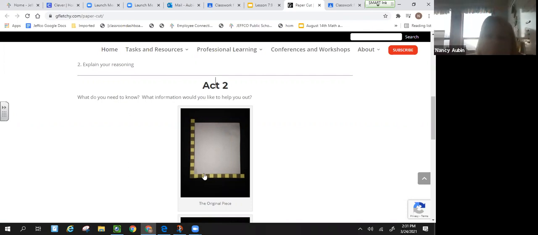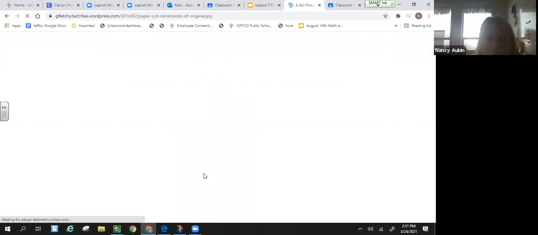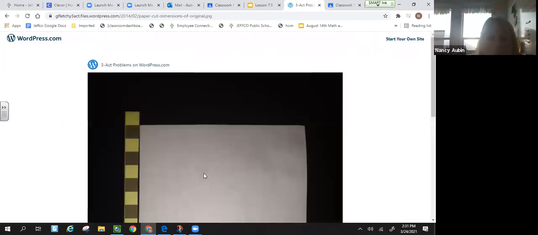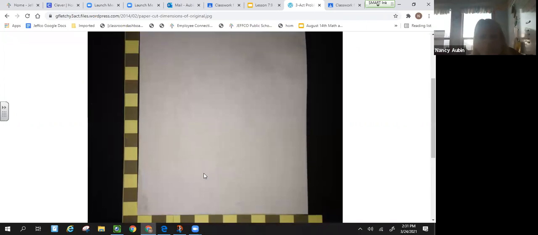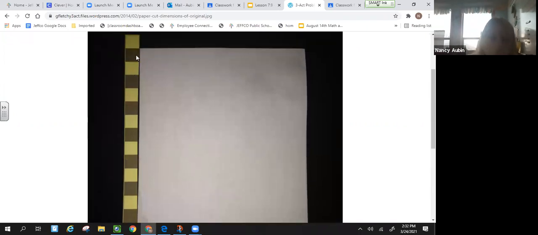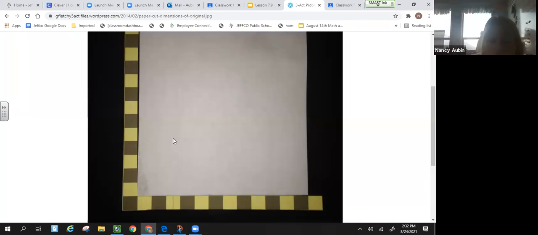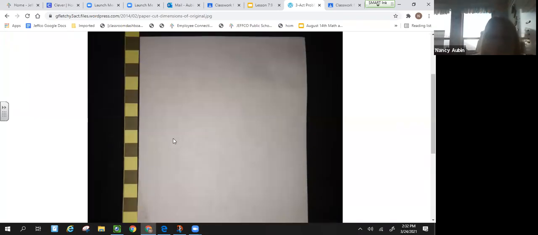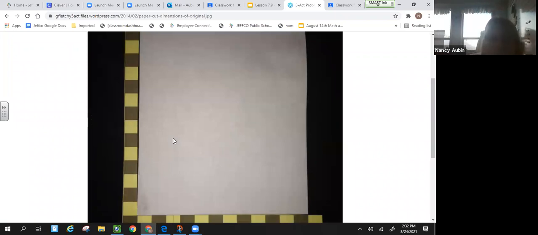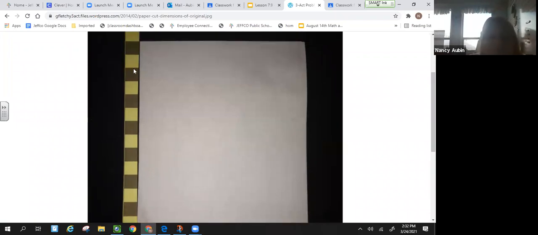So here's some information to help you out. I want you to write this down. Let's pretend these are like inch squares. You can count the side lengths in inches and find the area of the whole piece. If you can't tell, let's count it together.